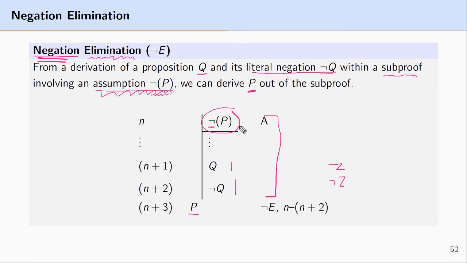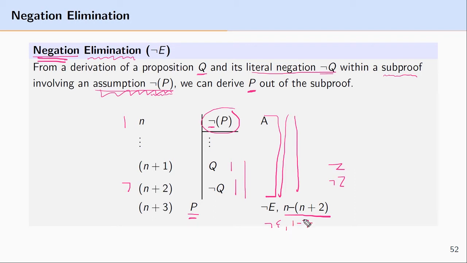So we assume not P, reason to Q and not Q, and then from the entire subproof, we can reason to P. Again, since we're relying upon this entire subproof, we'll use all of the lines of the subproof. So if this were line 1 and this were line 7, we would cite negation elimination lines 1 through 7.